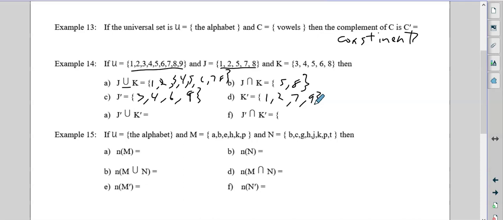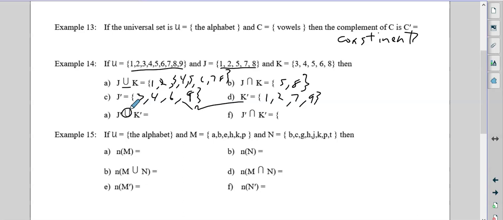Now, this one's a little tricky. Notice, it looks like J and K, but no, it's J complement and K complement. So these two are coming together. What's common to both of them is just the 9. Oh, wait, I'm sorry, my bad. It's or, so we're listing everything in both of them.